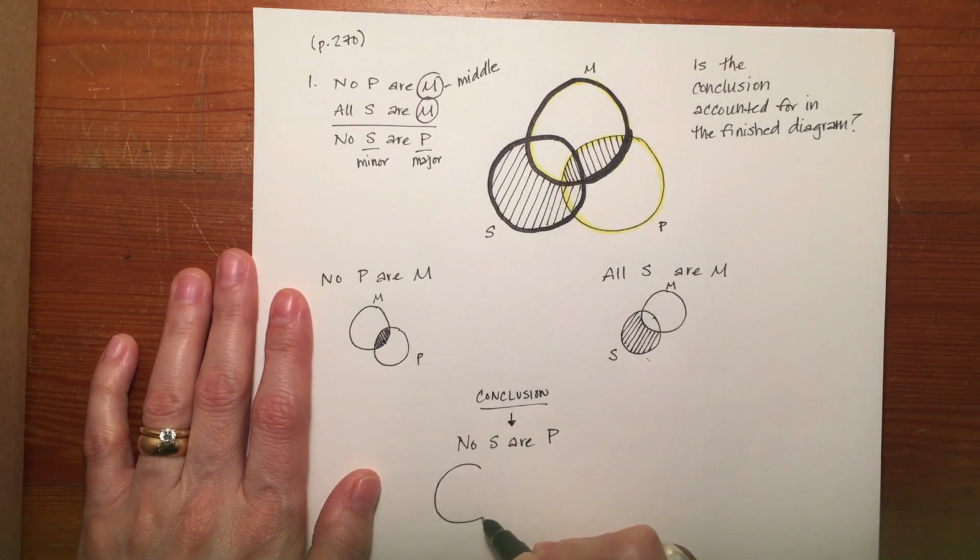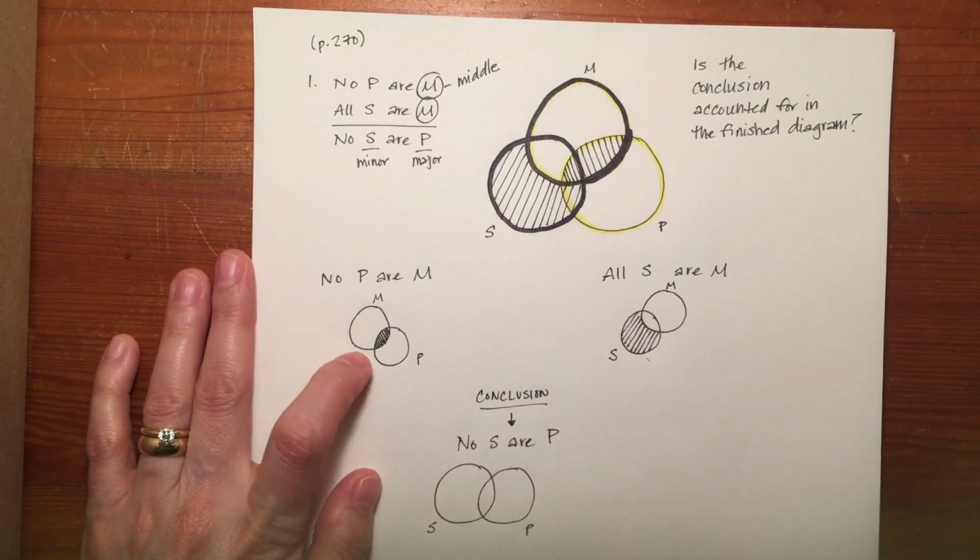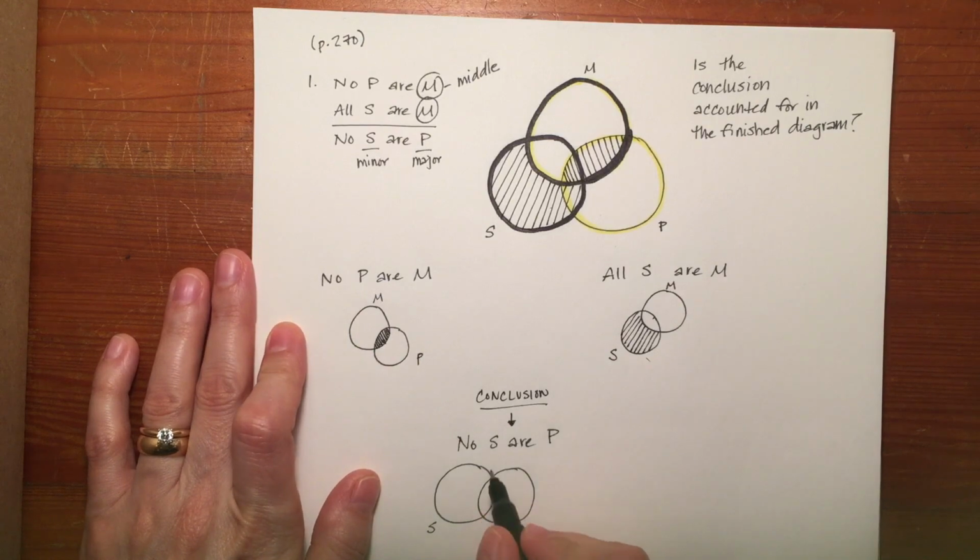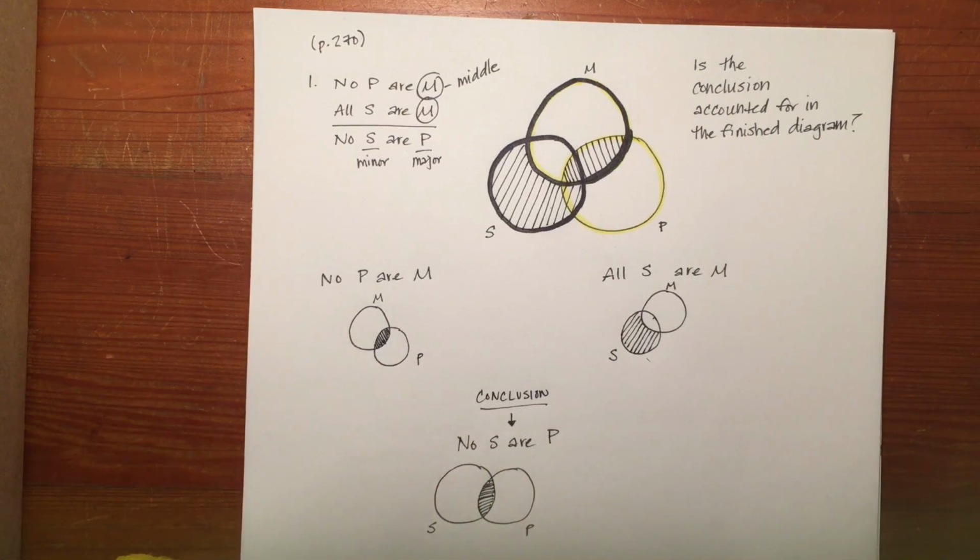If I were looking at the conclusion, I'd only be looking at the S circle and the P circle. Same as here, I want to shade out anywhere that S meets up with P to show that there are no S's that are also P's. I want to separate S and P by shading out the area between them.